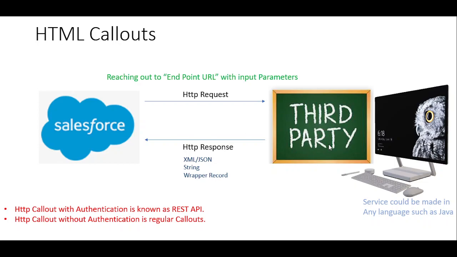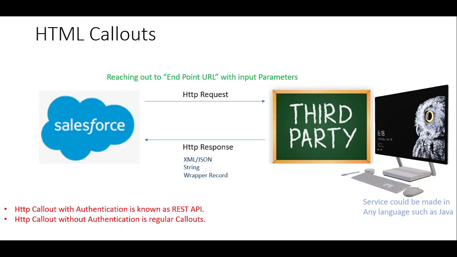For example, we have YouTube APIs also. So what happens here is Salesforce will send a request. For example, we are using the Google API. We send a request: okay, send me the distance in miles between two cities. And in the request we send, okay, we are sending you two cities.